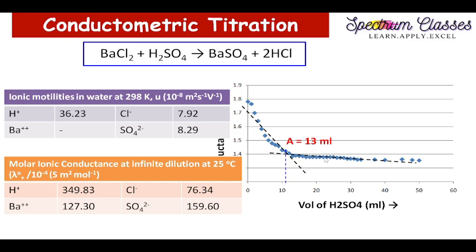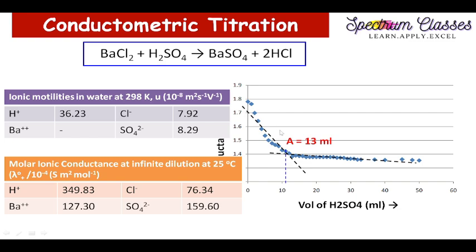If you get some other results, please mention them in the comment section, so that other viewers will benefit. The reason I found in the Glasstone book is that this cannot be determined accurately through conductometric titration, because the precipitate formed there may absorb further titrant on its surface.